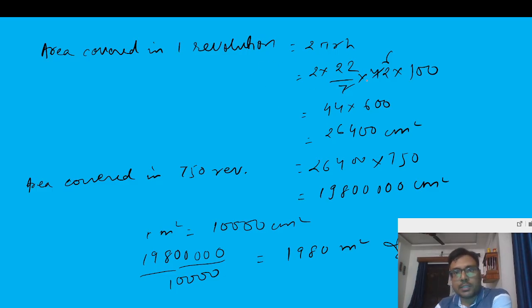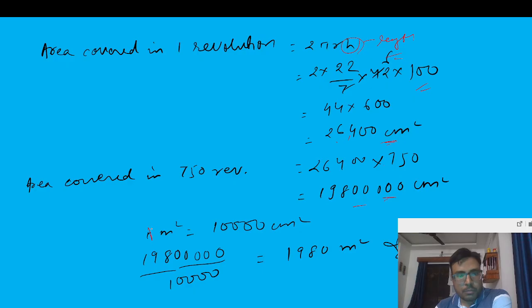Here h will be your length, that is given 1 meter, so 100 centimeter I have written here. When you calculate this, area covered in one revolution will be 26,400 centimeter square. So in 750 revolutions, how much? Multiplied by 750, you will get this.